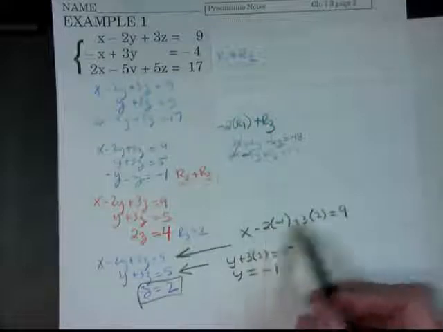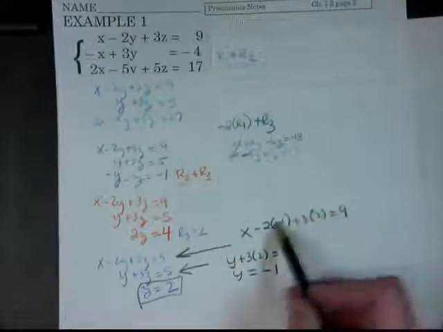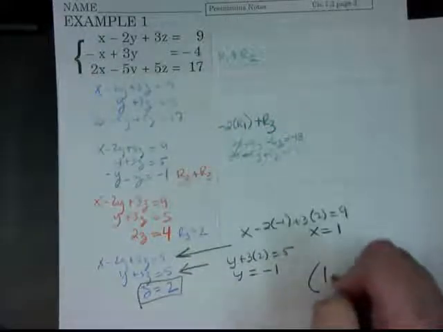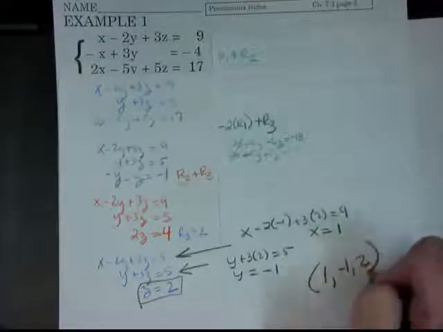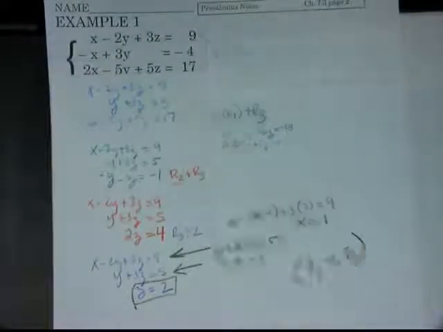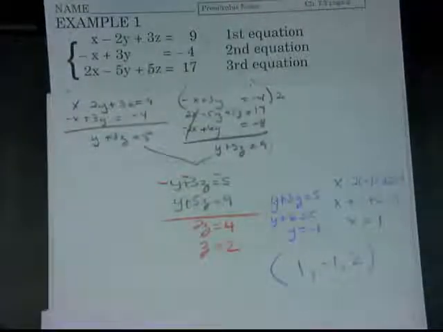So we get 2 and 6 for 8, subtract it, x is 1. The solution, x, y, z. And that's exactly what we came up with when we did it the other way. When we did 3 equations to 2 equations to 1.